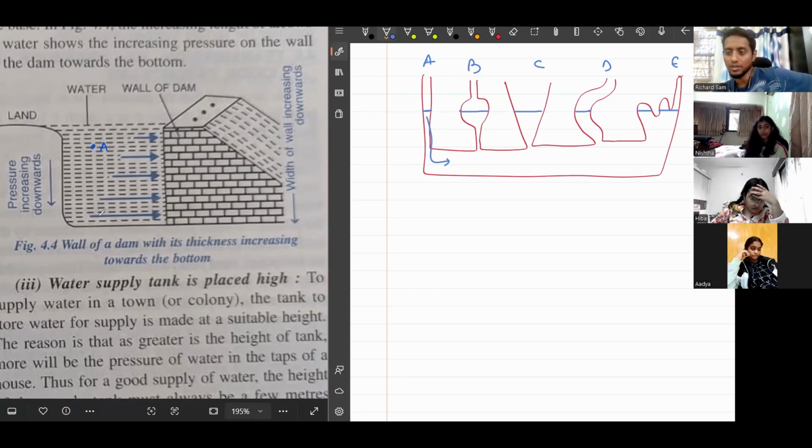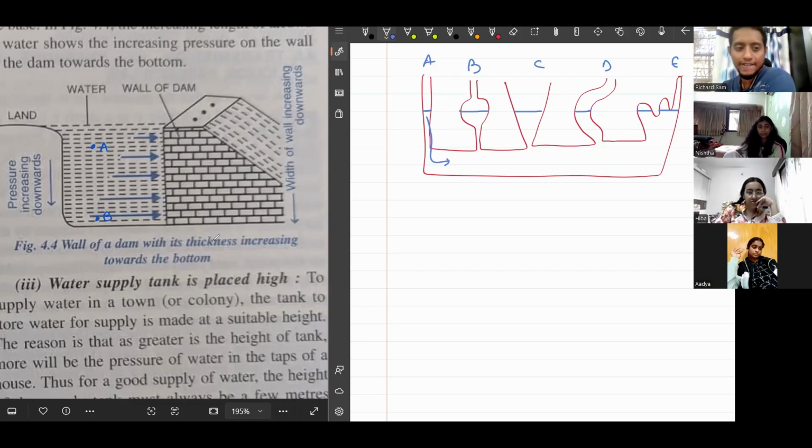More thicker wall at the lower part of the dam. Hiba, come on. Nisha, tell. Since the liquid at a depth exerts more pressure, the dam also has to be wider to withstand that pressure.